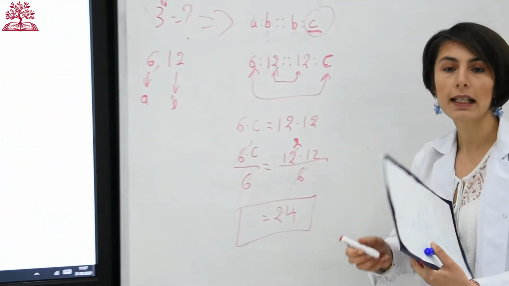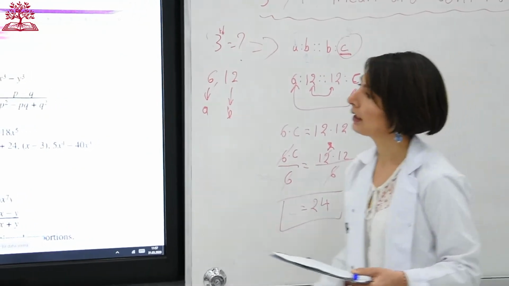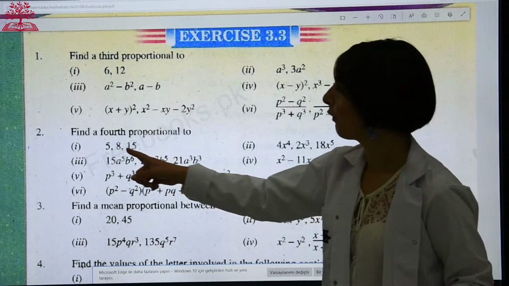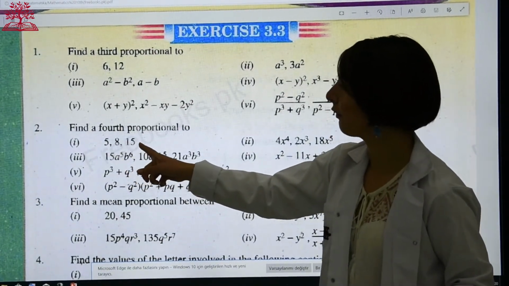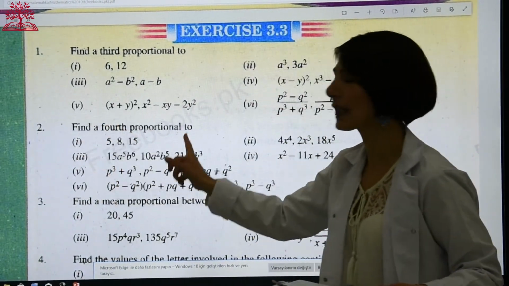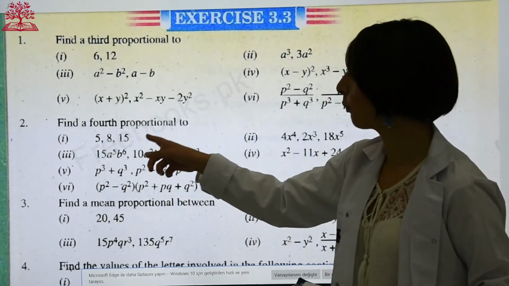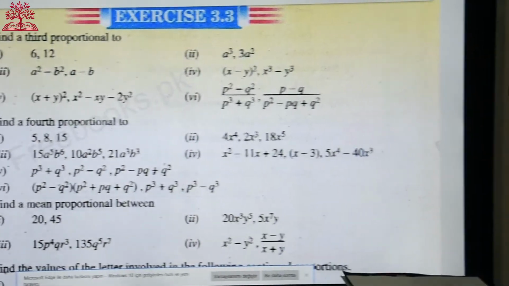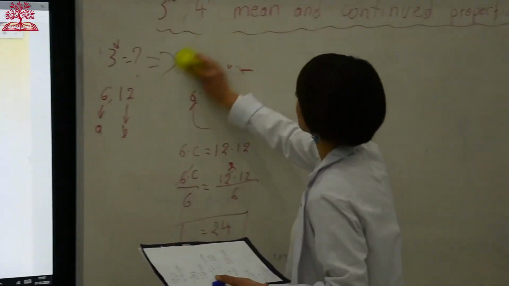Okay? Let's take another example. Let's find the fourth proportional to 5, 8, and 15 in the second exercise. So find the fourth proportional to 5, 8, and 15.